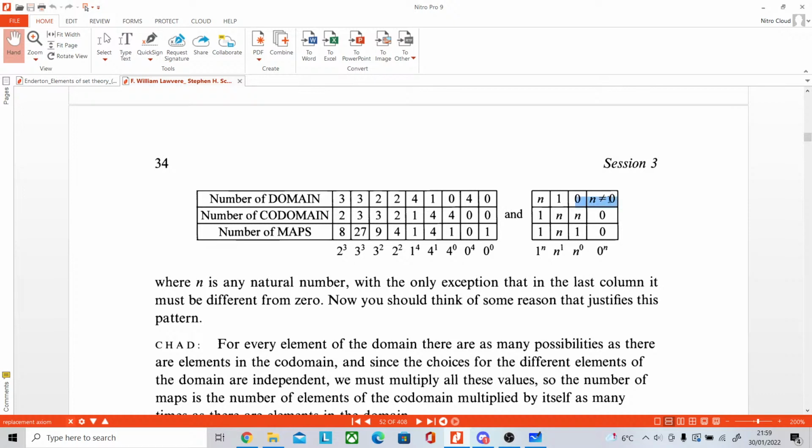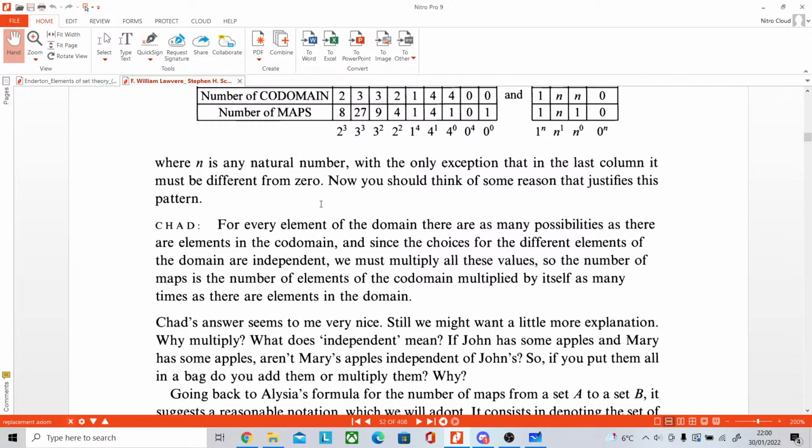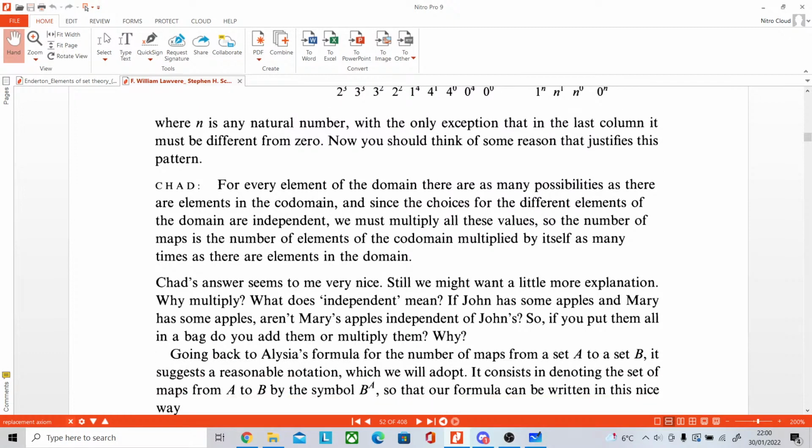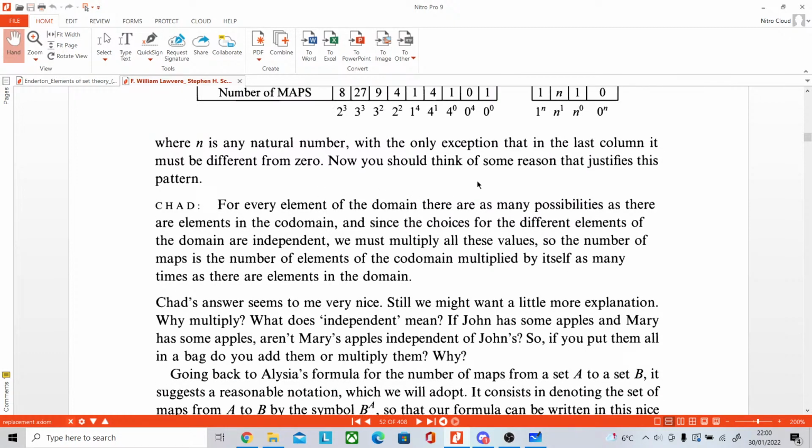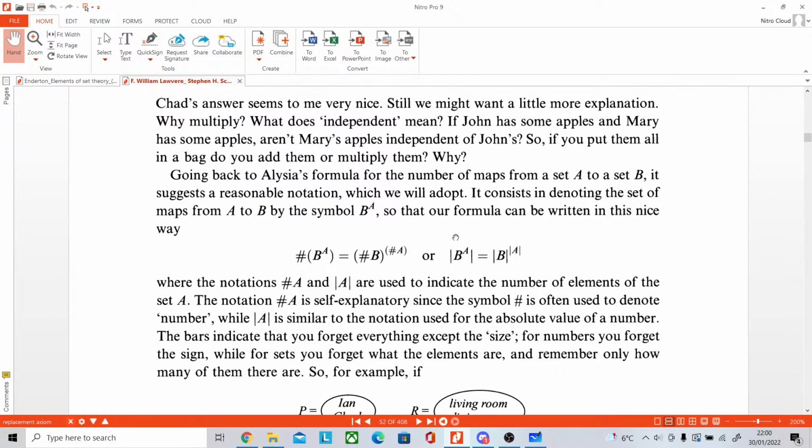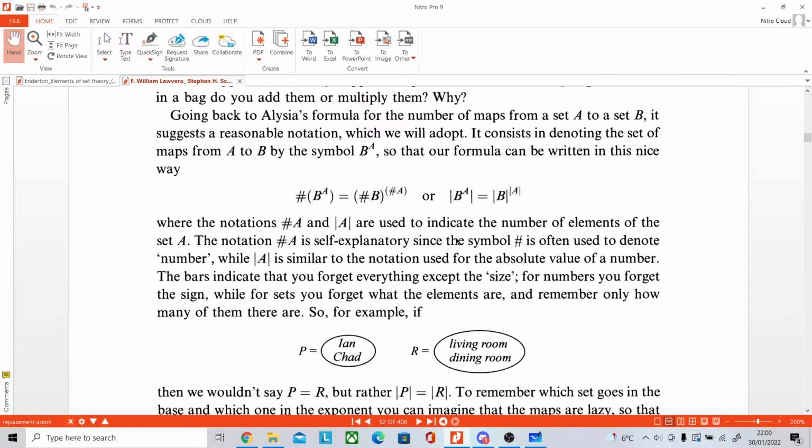And for n not equal to 0, otherwise you get 0 to the power of 0. Then this case is shown here. I think we can just skip this, honestly, because I already explained this part.